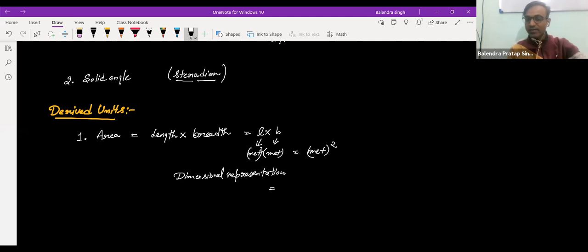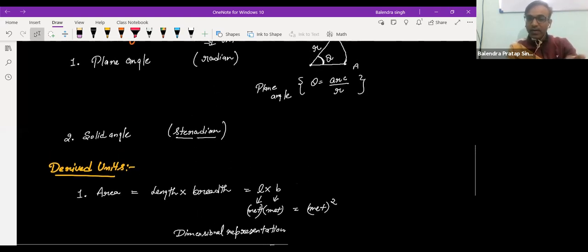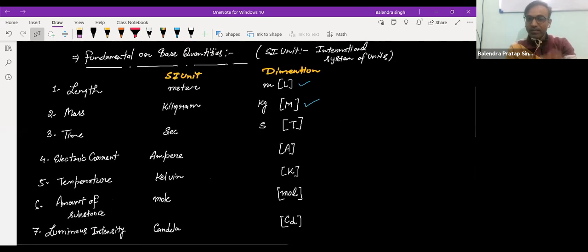As I discussed just before, the first fundamental unit, length. Remember, I use capital L here.